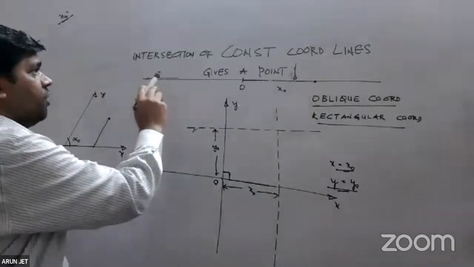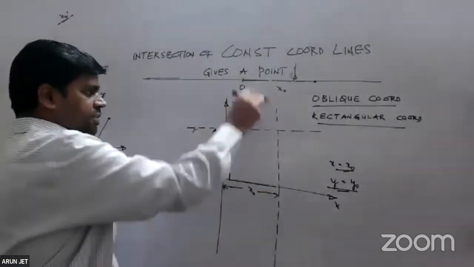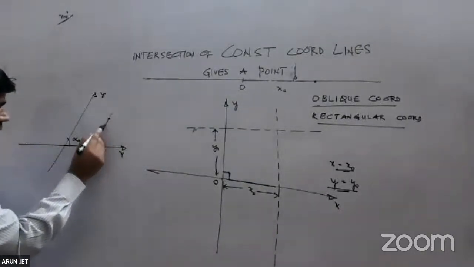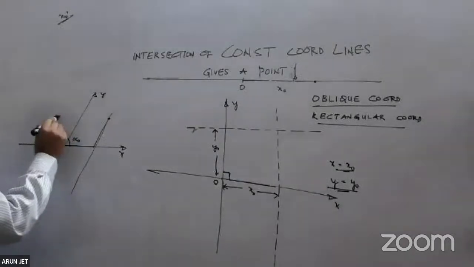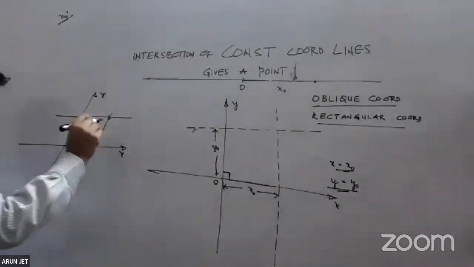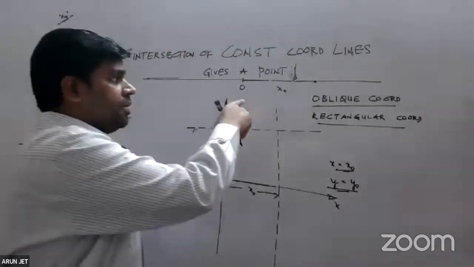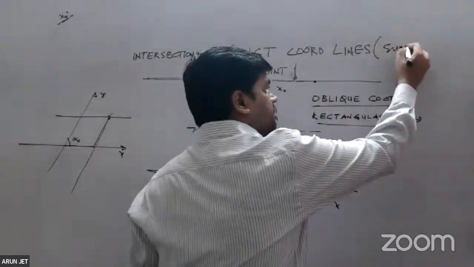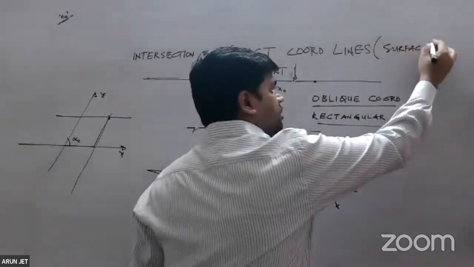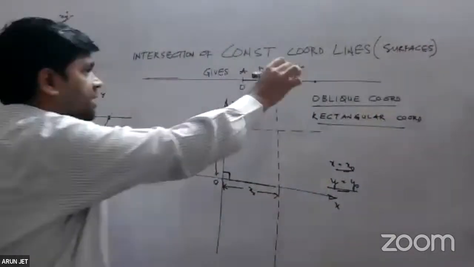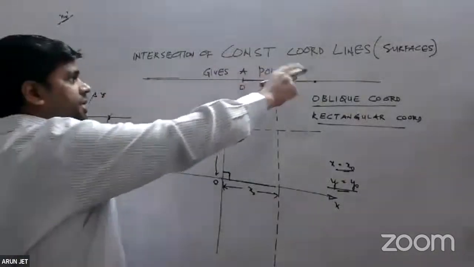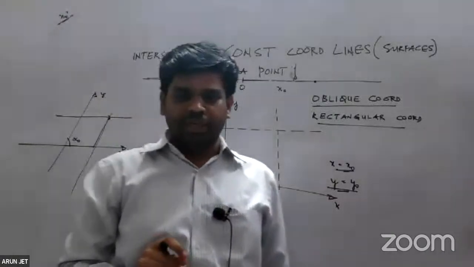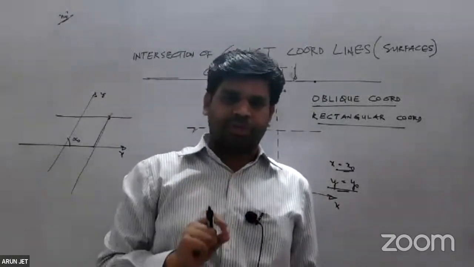All right. So intersection of constant coordinate lines. So this is a constant coordinate line. This is a constant coordinate line. This is a constant coordinate line. This is a constant coordinate line. So intersection of two constant coordinate lines gives me a point. If in space, constant coordinate surfaces. All right, please make a note of this sentence. Intersection of constant coordinate lines gives a point. All right, this is a very important point if you want to understand polar coordinates, spherical polar coordinates, and cylindrical polar coordinates.